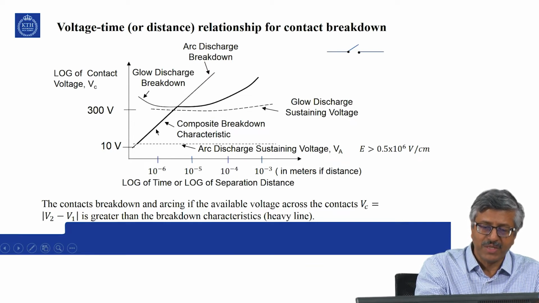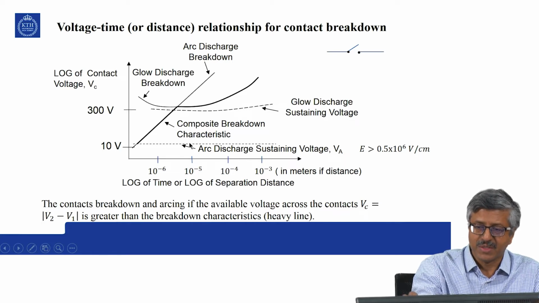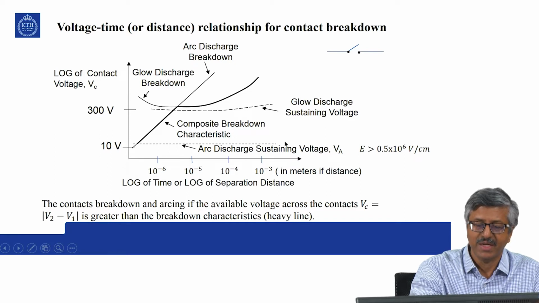If you are below this curve, suppose you have a voltage versus time, instead of meters we write time here, because if it is traveling at constant velocity, you can translate into time. So if you have a curve like this, it will never go into breakdown.